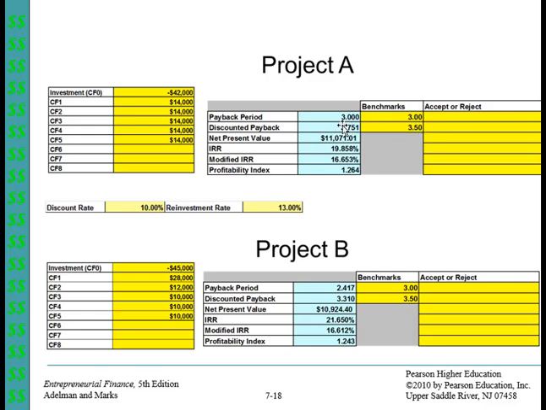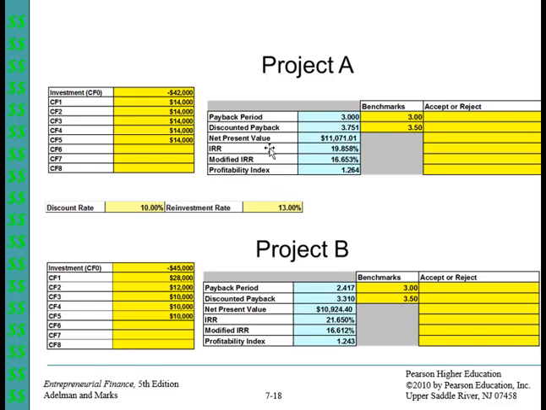So in this case, if we were only looking at it, Project A is acceptable. Project B has a payback period of 2.4 years. Again, we wanted 3 years. So if these are mutually exclusive projects, that is, we have to pick the best of the two, in this case, we would say that Project A is better than Project B.